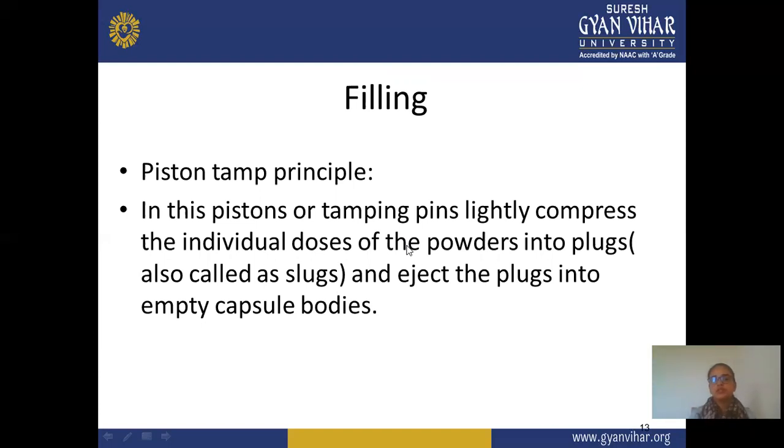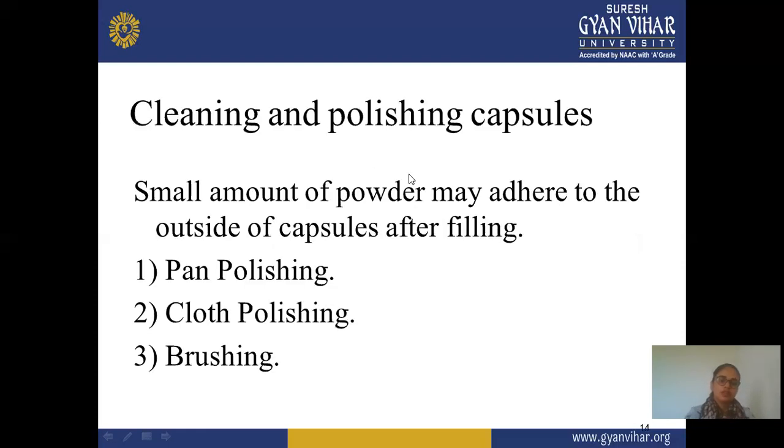After filling the formulation, you eject the plug into the empty capsule body. So this is the third procedure. First we saw the auger principle, second the vibratory, third the piston tamp principle. These are the techniques for filling capsule hard gelatin body parts.